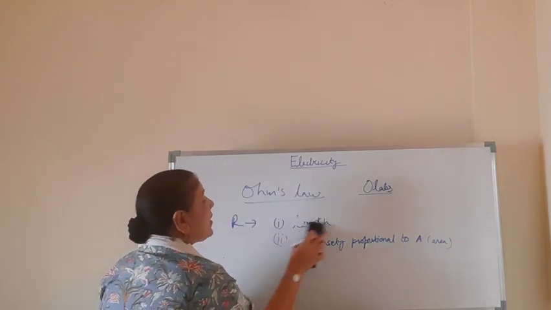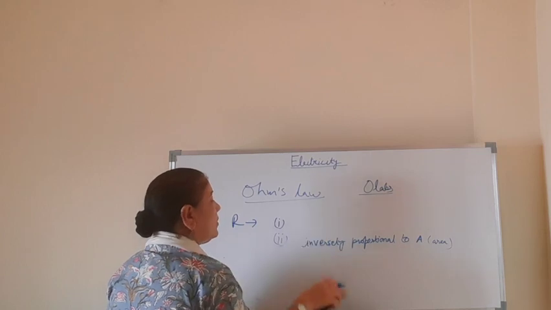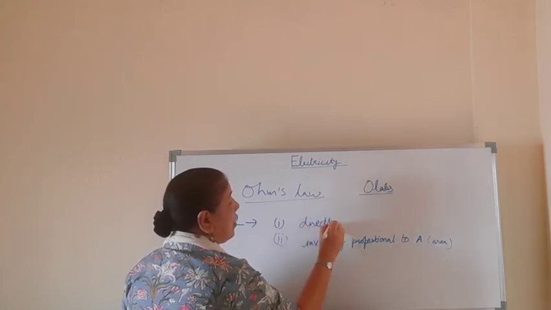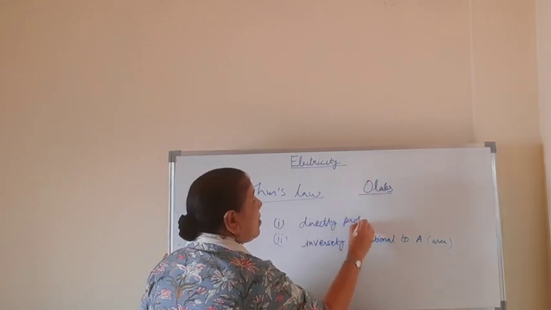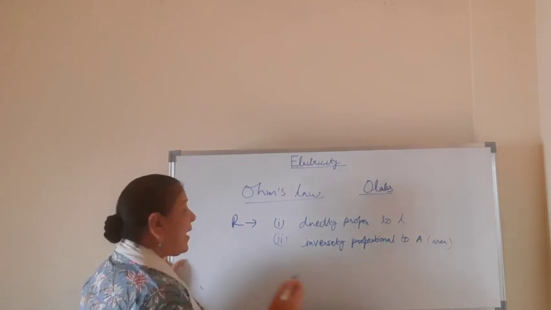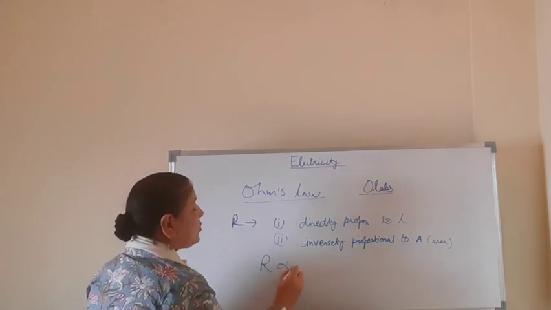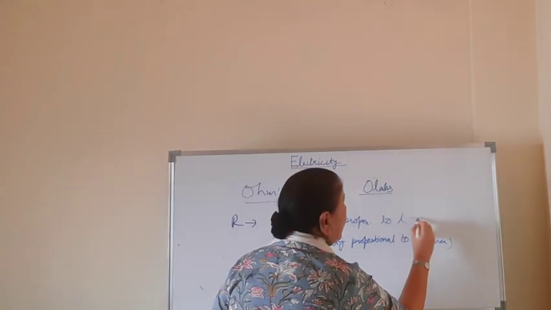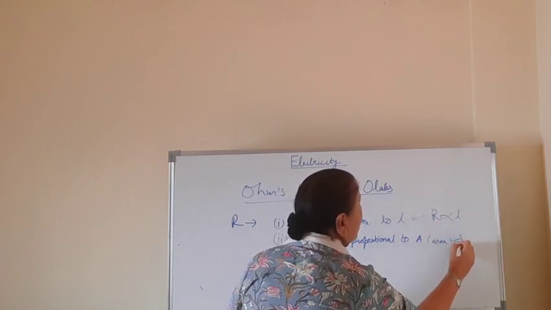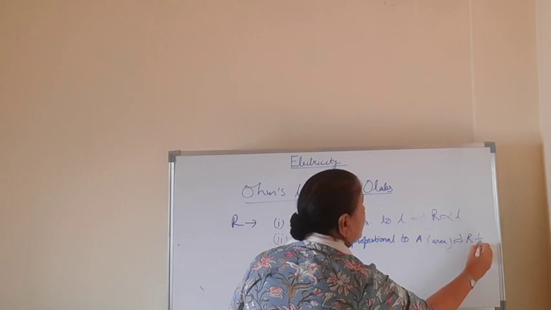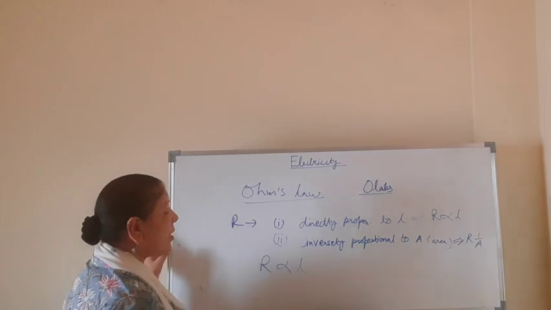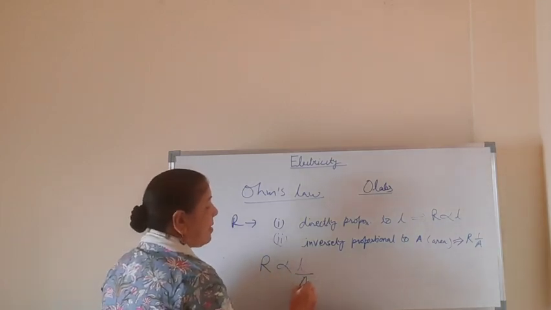So here I'll write directly proportional to L. So R is directly proportional to L, and that implies R is inversely proportional to area of cross section, that is 1 by A. If you combine it together, R is directly proportional to L by A.